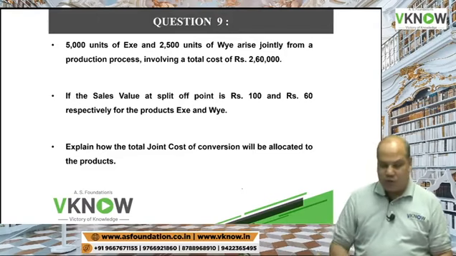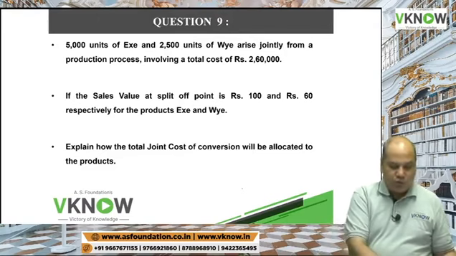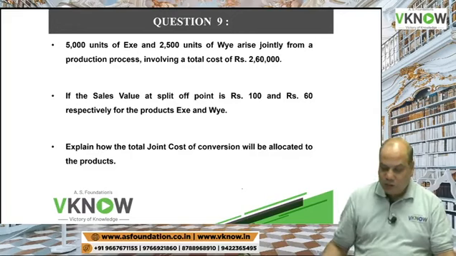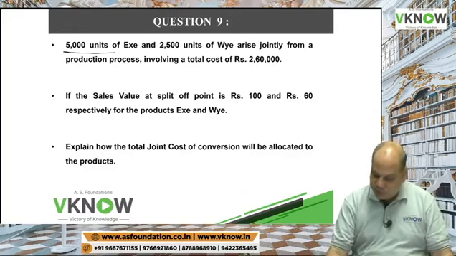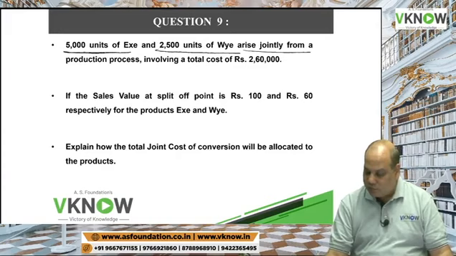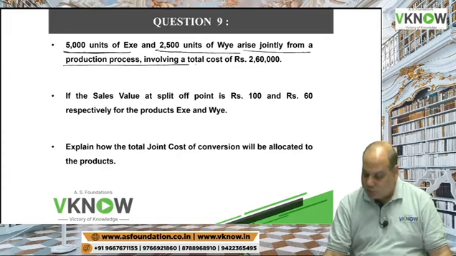My dear students, first we'll come to question number 9. Check in your notes question number 9 printed below. 5000 units of X and 2500 units of Y arise jointly from a production process which cost 2,60,000.